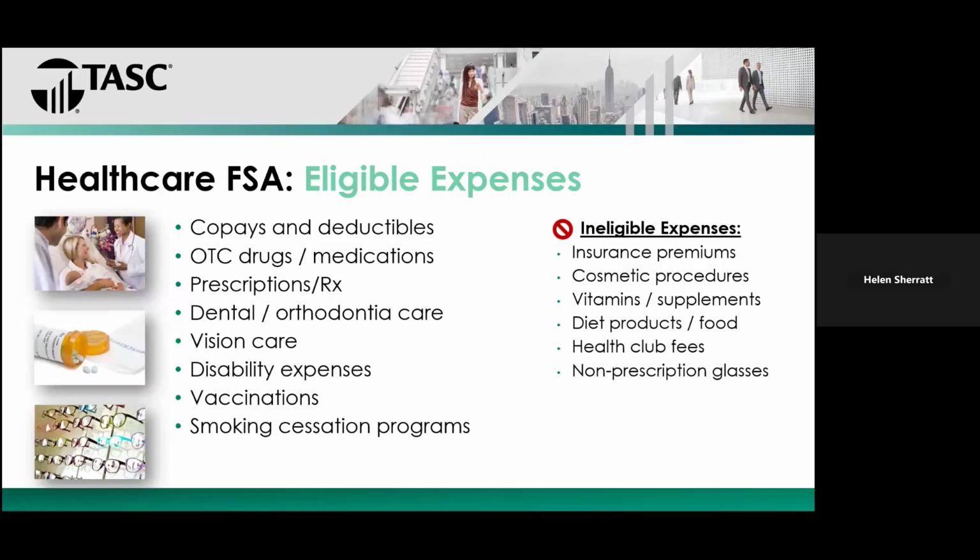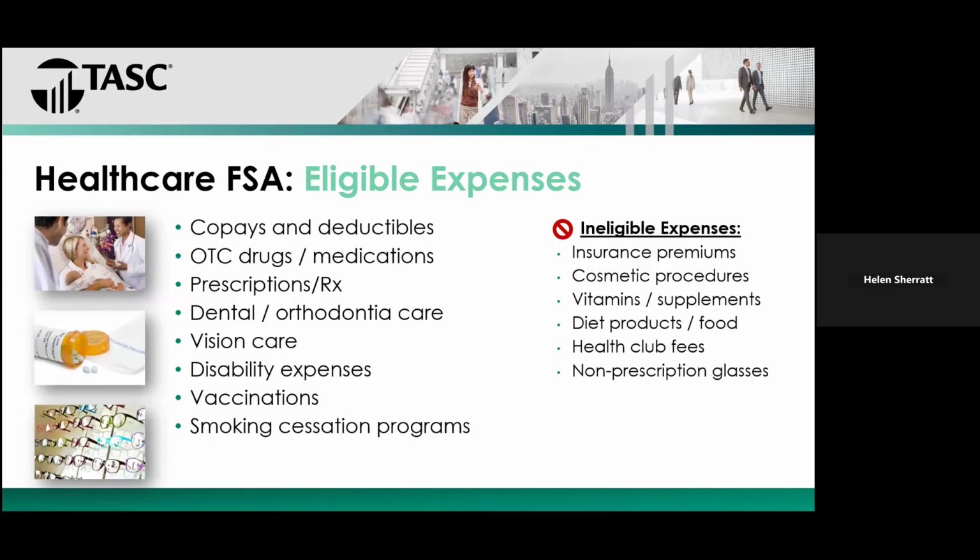Great, some good information there. On your screen now, you have the eligible expenses for the healthcare FSA, which includes copays, deductibles, dental, orthodontia, vaccinations. Ineligible ones are cosmetic procedures, vitamins, diet products, all things of that nature.